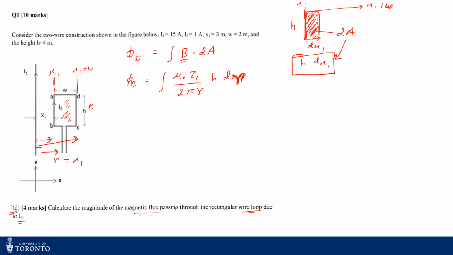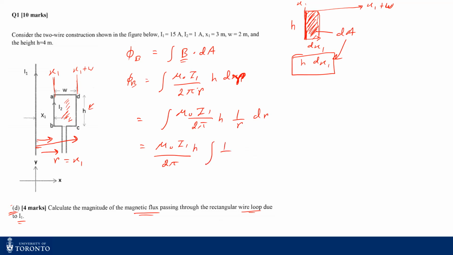Okay, so now if I do the integral, that's mu naught I1 divided by 2 pi, times h, times the integral of 1 by r dr. I'll take all the constants out.